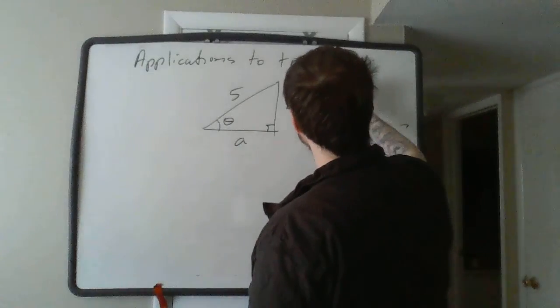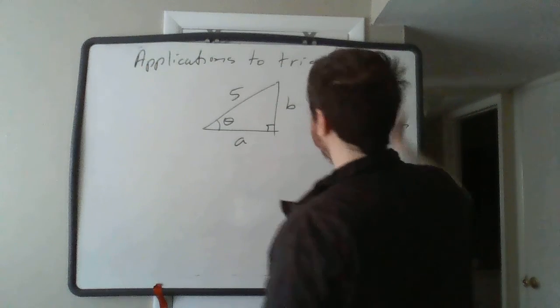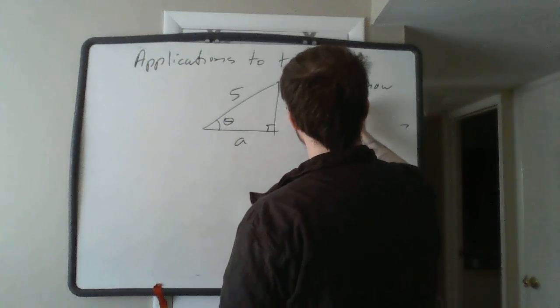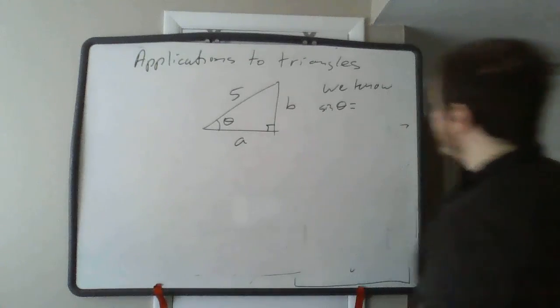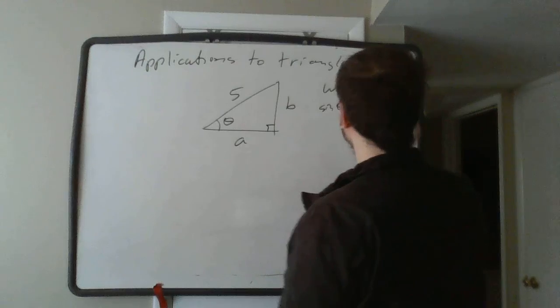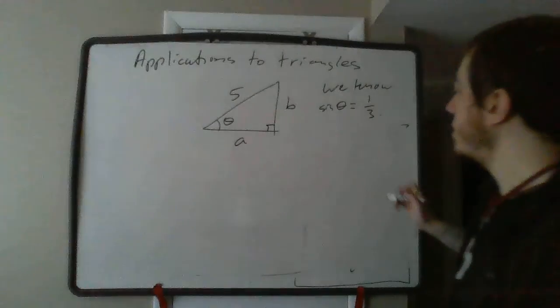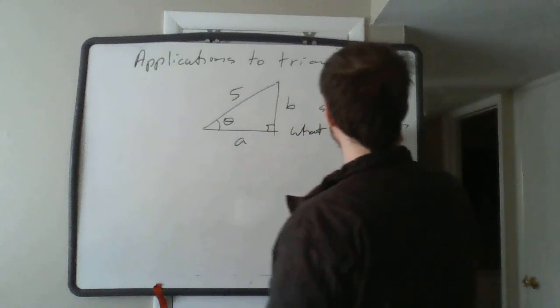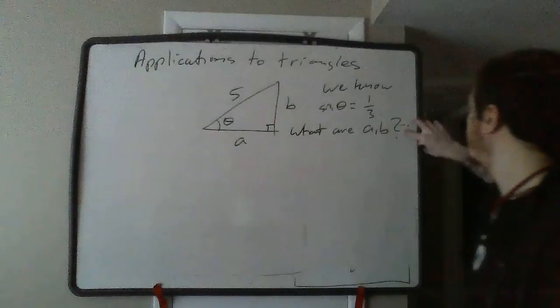And we know that the sine of theta is equal to, let's say, 1/3. And we want to know what are the values for A and B.